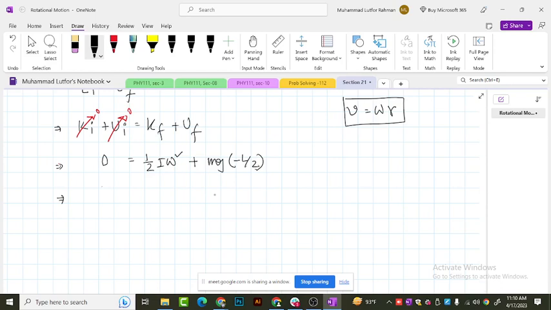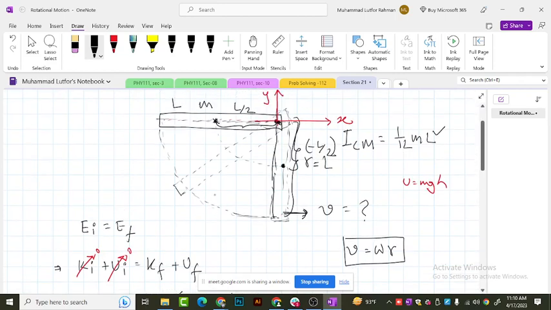Alright, so then I can write this: half of I omega square should be equal to mg L by 2. Now what is the moment of inertia? I have to find the moment of inertia about this end, because that rod is rotating about one end.